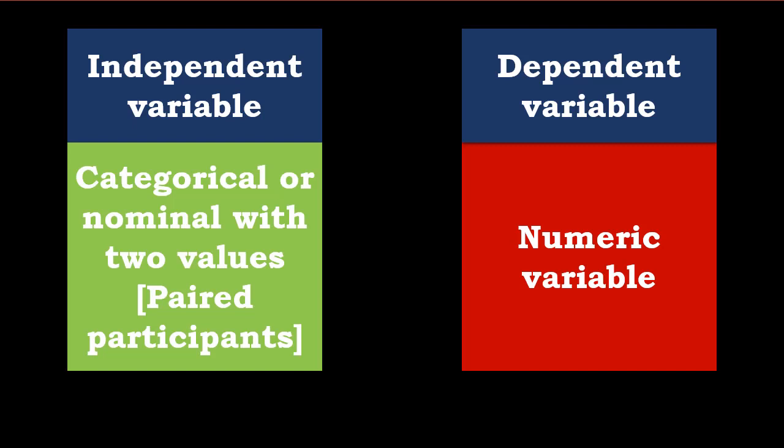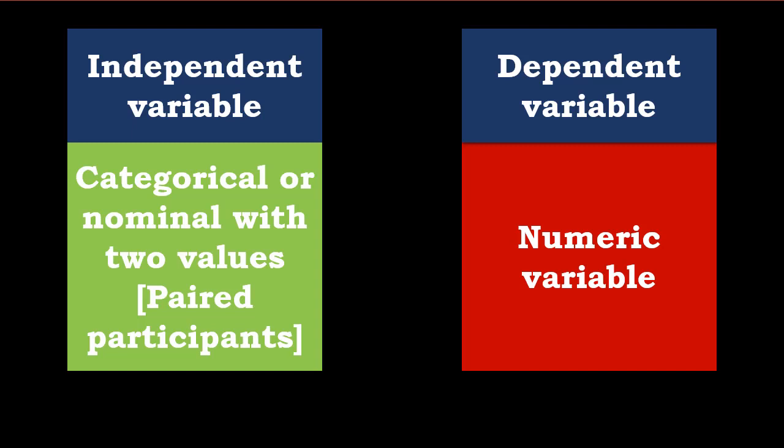Okay, so that's the general case. Now I'm going to go through several instances in which this repeated measures design can be used. So one instance is in which the independent variable is categorical or nominal. That is always the case with two values. And here the participants will be paired participants.